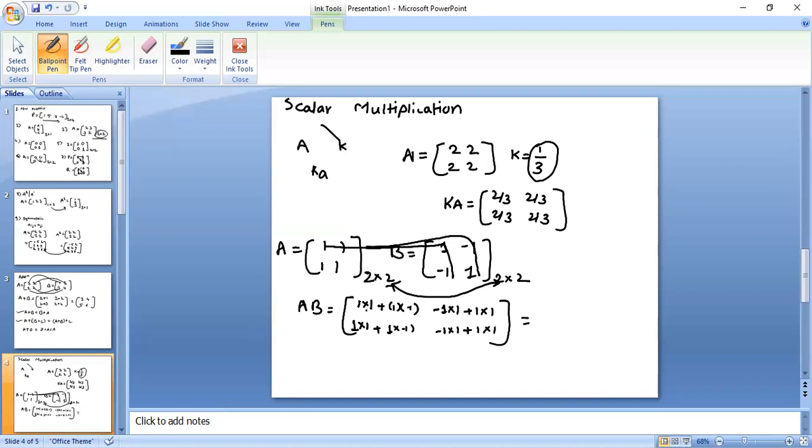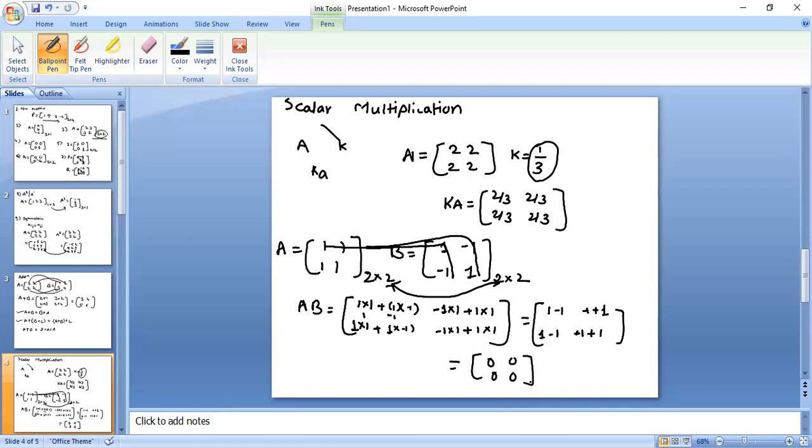So you will get, this is 1, this is -1. So you will get 1 minus 1, here -1 plus 1, here 1 minus 1, and this is -1 plus 1. So you will get result as 0, 0, 0 and 0. Okay, this is A multiplication B.